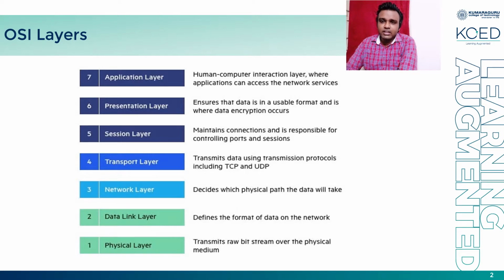The application layer is where the human is interfaced, looking at a certain application in a computer, so that the data we are looking at is the actual data. This data will be communicated over the network by following these 7 layers.